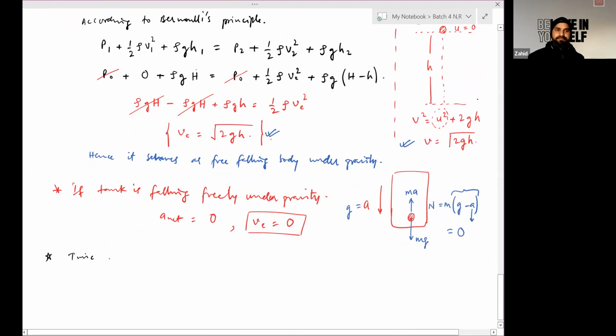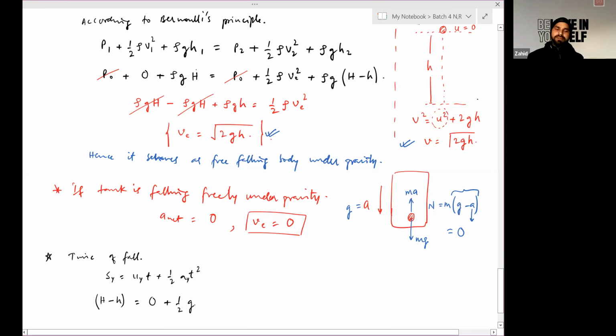time of fall. According to the second equation in the vertical direction, S equals ut plus half times a t squared. The vertical displacement of the liquid is H minus h. There is no initial vertical component of velocity, so it will be 0.